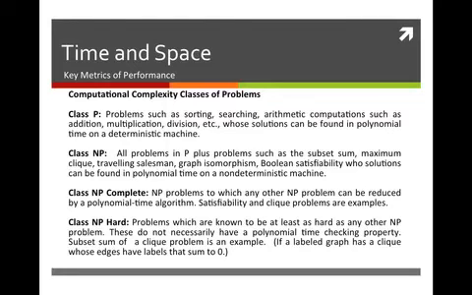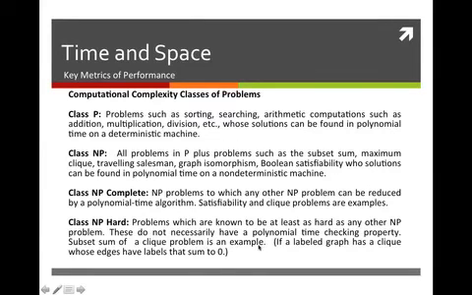So then there is the class of NP-hard problems. Now these are the kinds of problems that are known to be at least as hard as any other NP problem, and these do not necessarily have a polynomial time checking property either. By way of an example, we could say subset sum of a clique problem is an example.